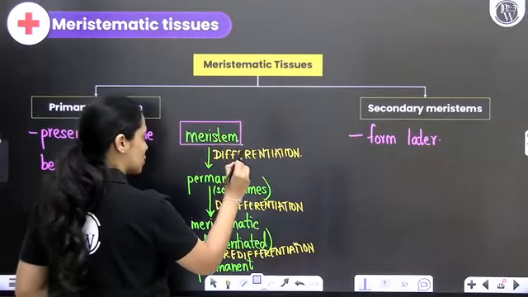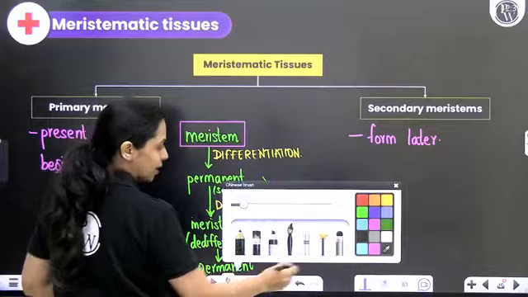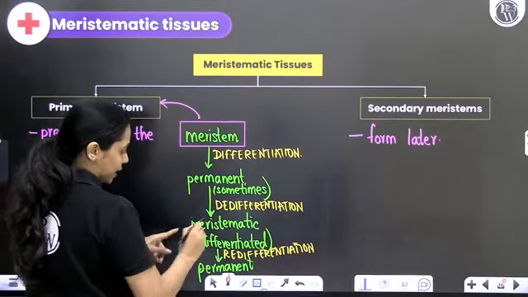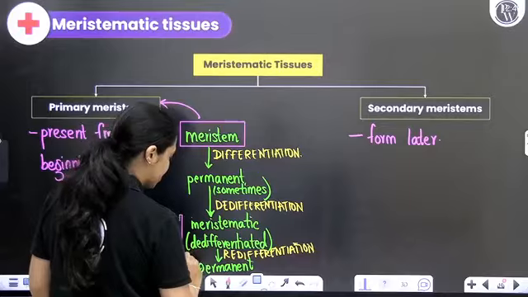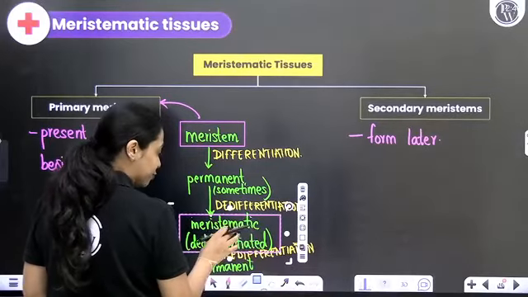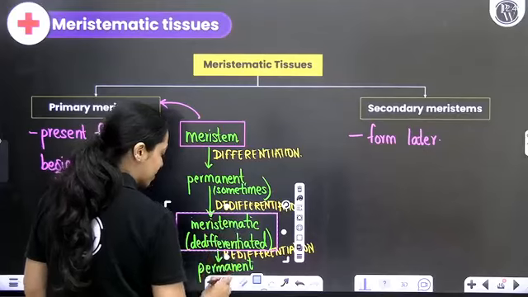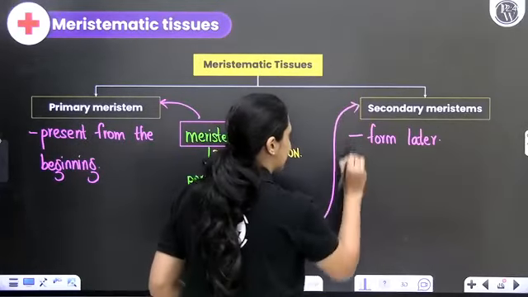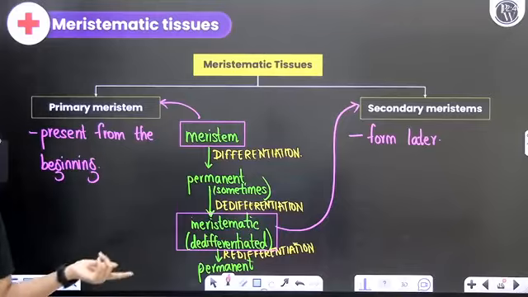Over here, this meristem was always there from the beginning. That meristem is called the primary meristem. This de-differentiated meristem formed later. It was not always there. It formed from a permanent tissue. So this kind of meristem is known as your secondary meristem. It will form later.